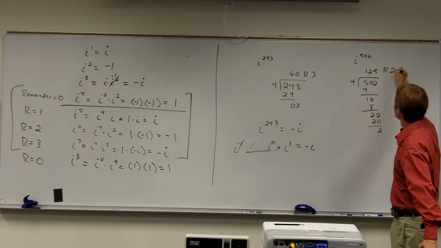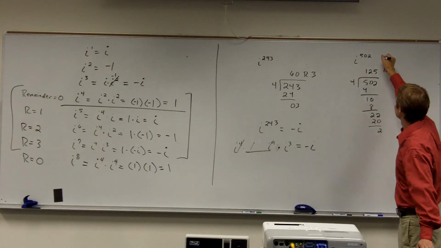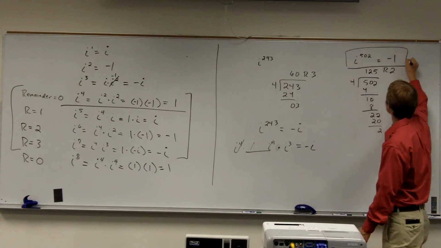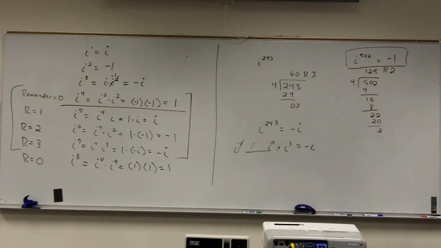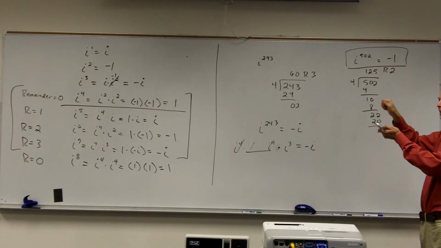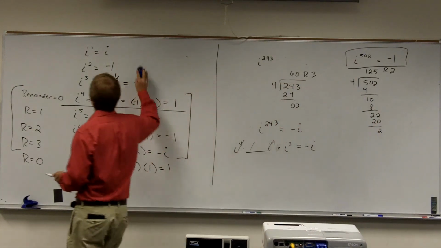So we end up with a remainder of 2 here. So that tells me that it should come out to equal negative 1. So once you learn the trick, they become pretty quick, right? But it's really funny if you don't know the trick, and students are trying to figure out a long way. So it's definitely good to know the shortcut.